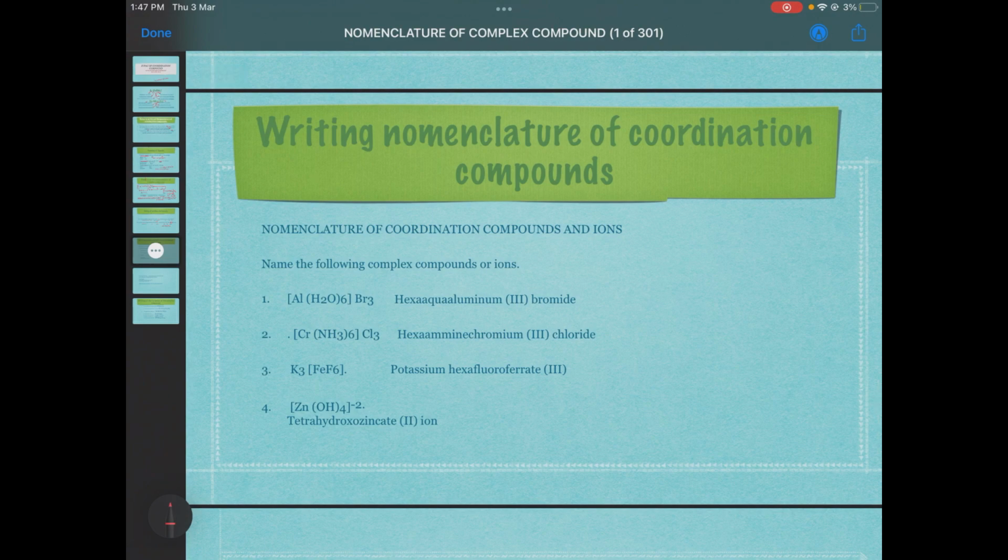Say for example, this is the first one which I am trying to write out for you: [Al(H2O)6]Br3. This is obviously the positive part, that means PLMN is being used. So the positive part is to be written first.